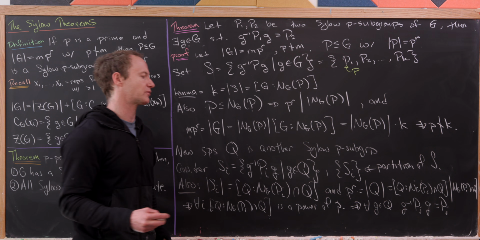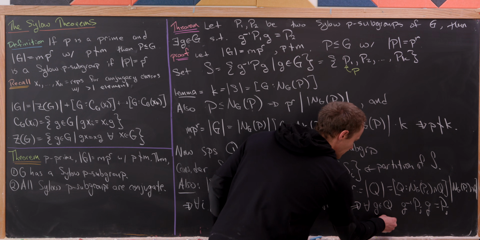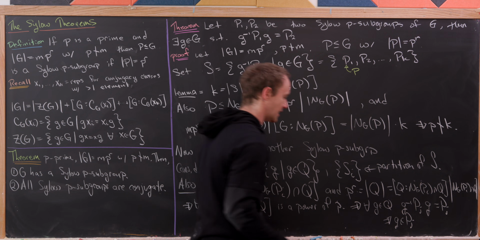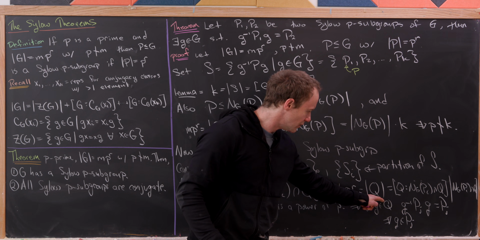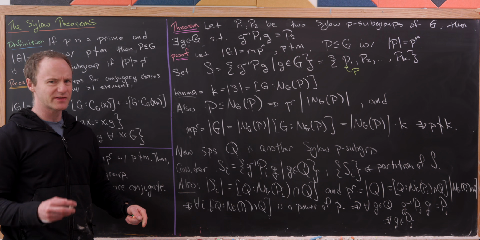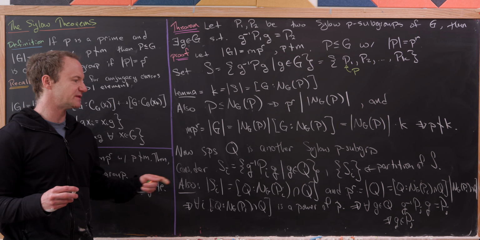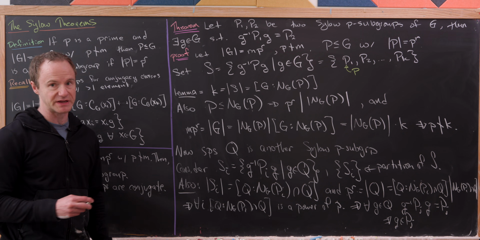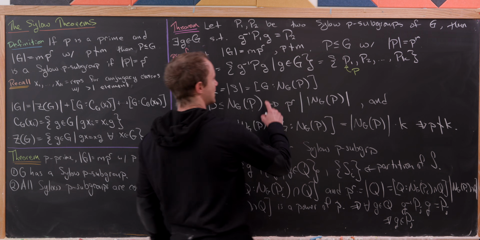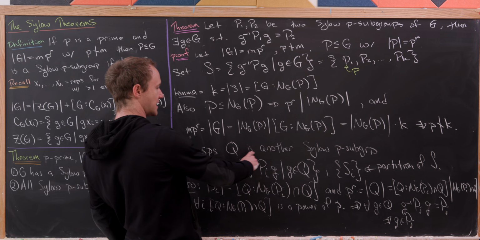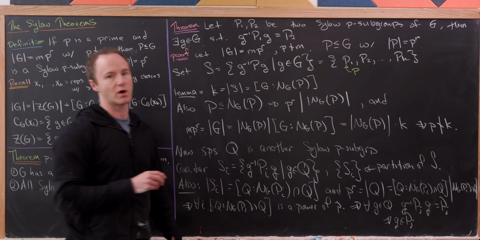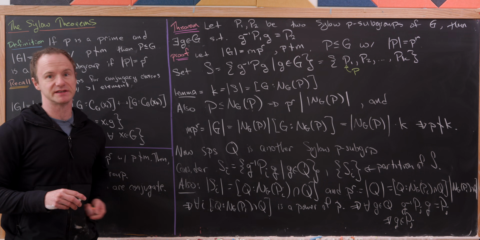That's again by one of our previous lemmas. So that means that g is inside of P_j, and that means that Q is a subgroup of P_j. But they're subgroups of the same size, which means that Q is one of the P_j's. So we took our arbitrary Sylow p-subgroup and showed that it was one of the conjugates that we wanted it to be. And that's the end of this theorem.